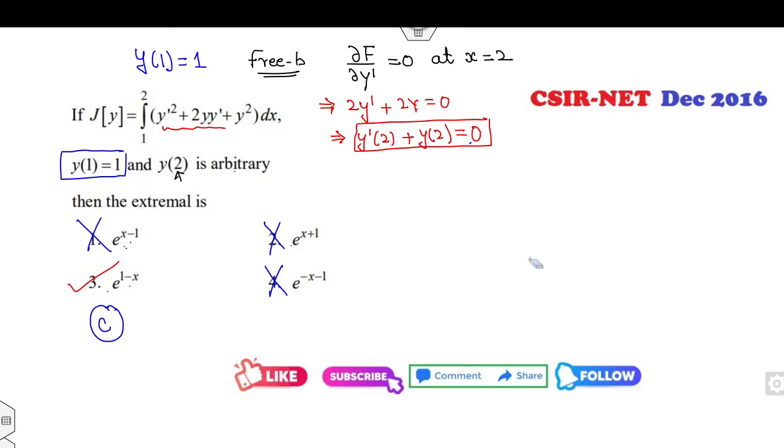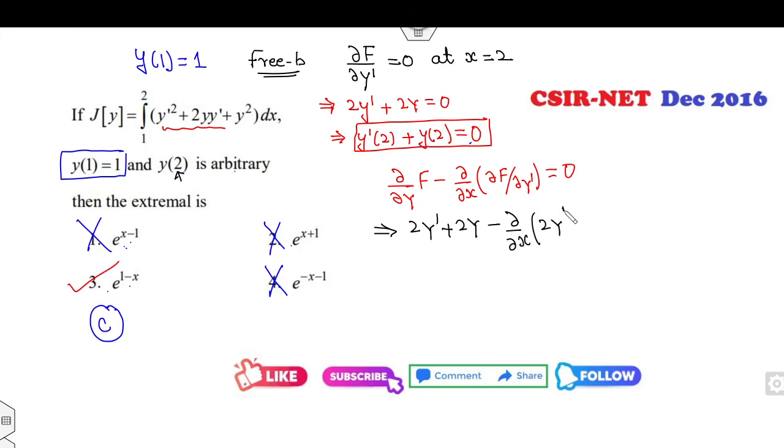Otherwise, you can also solve it based on the given condition. This is a second method, but it is quite lengthy. But if you want to solve this, you can also adopt that. What is the value of del f upon del y dash? It is 2y dash plus 2y is equal to 0.